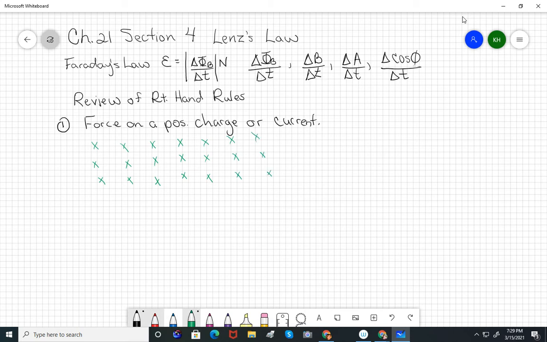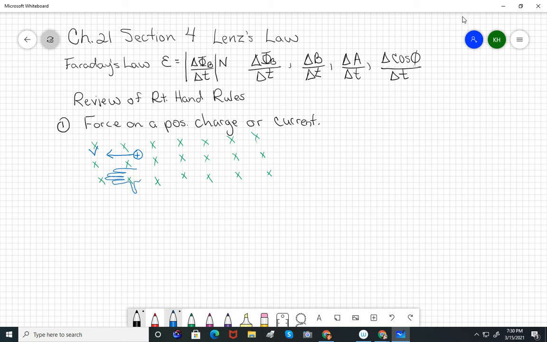If we have a positive charge, let's let it be traveling this way. Then to determine the direction of force, I would take my right hand, I would put my fingers such that I could curl them towards the magnetic field.